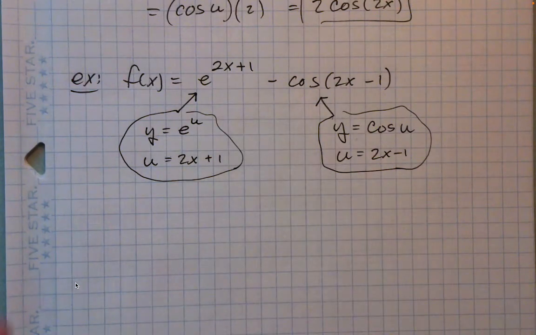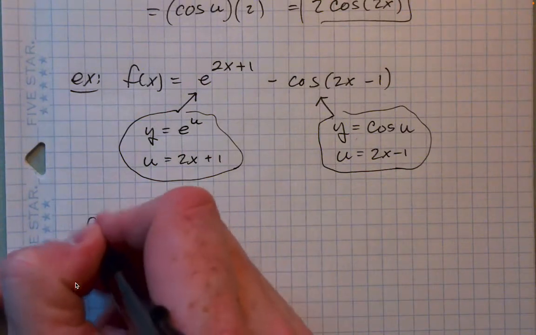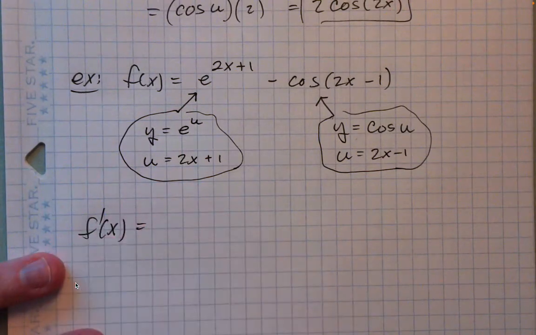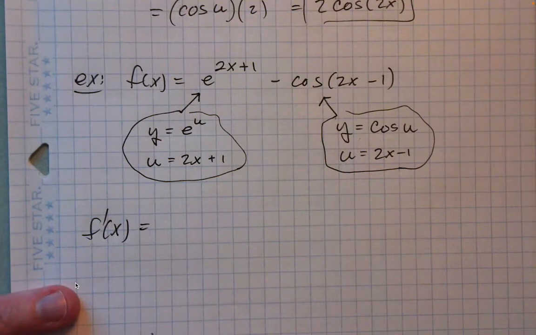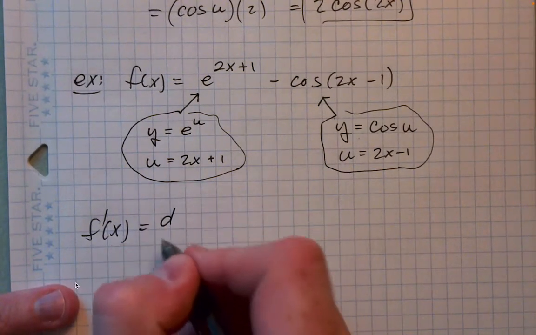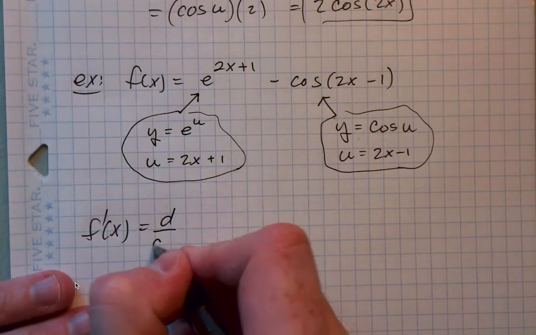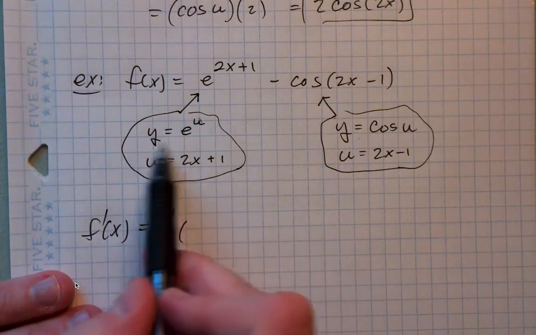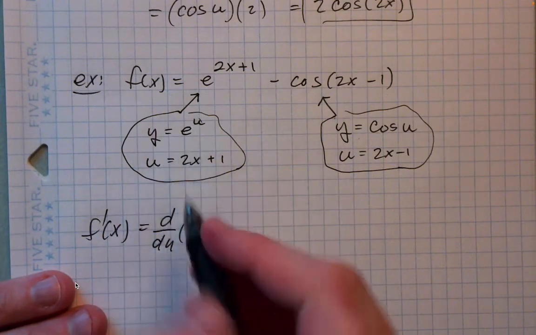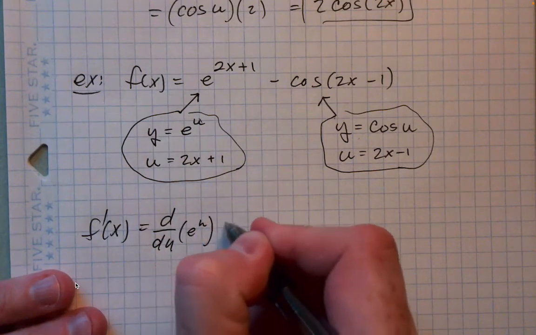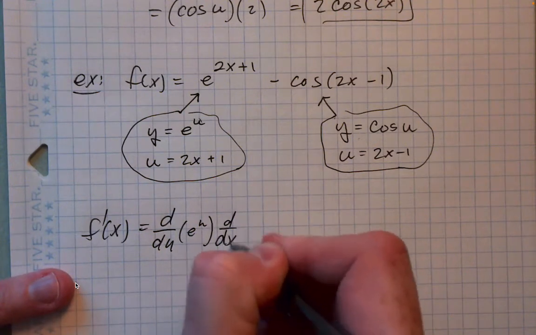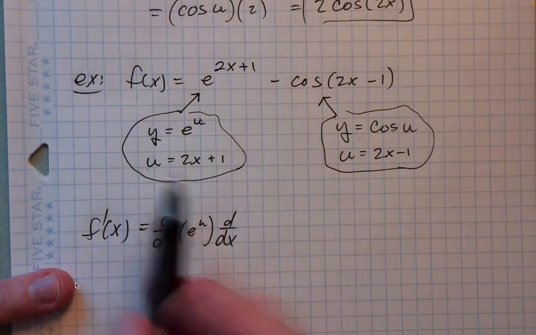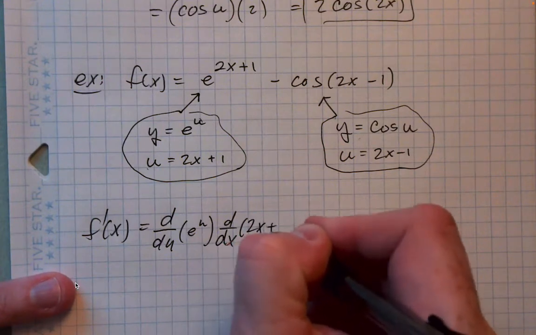Right. Okay, so f prime of x is going to be equal to, well, it's going to be d/du of this guy, so it's dy/du, and the y is e to the u, times d/dx of this guy. All right, so we'll plug that in.